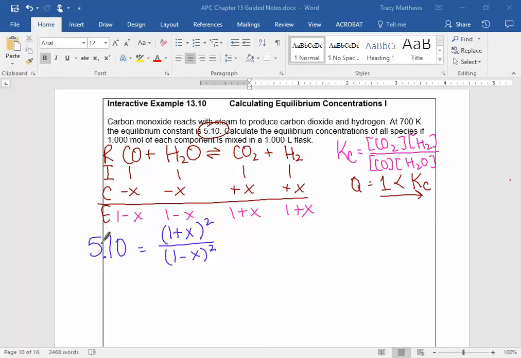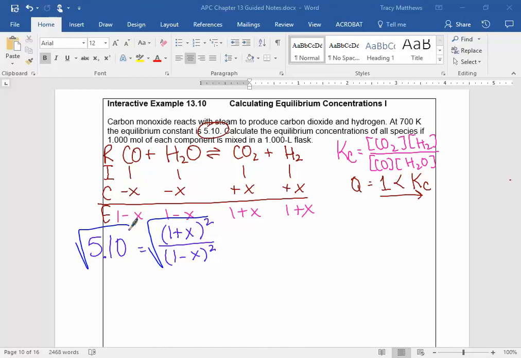Or you could recognize that you have a squared over a squared. Or you could square root both sides and do the math that way, which is what the problem that you've already done showed you how to do.